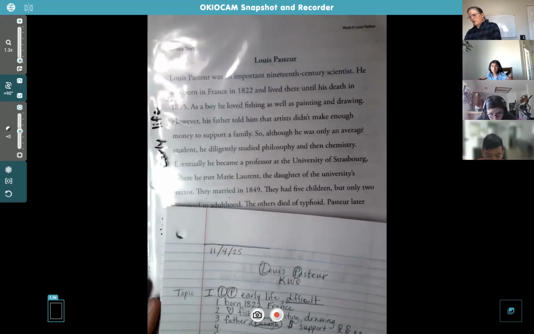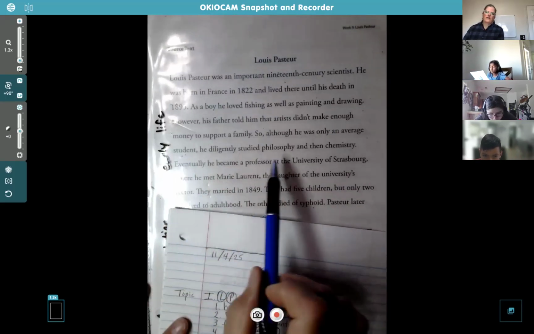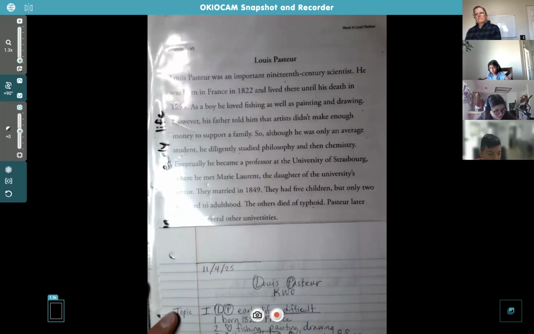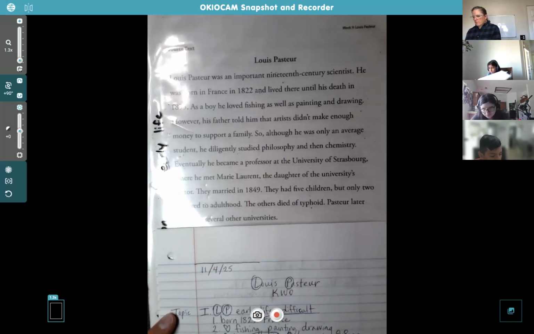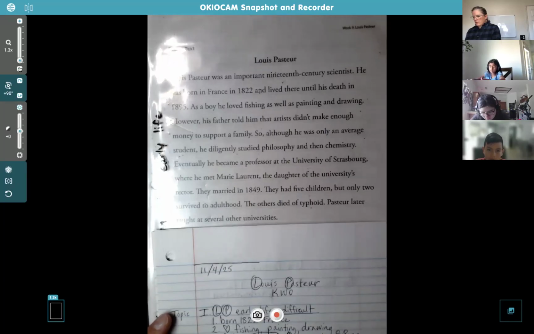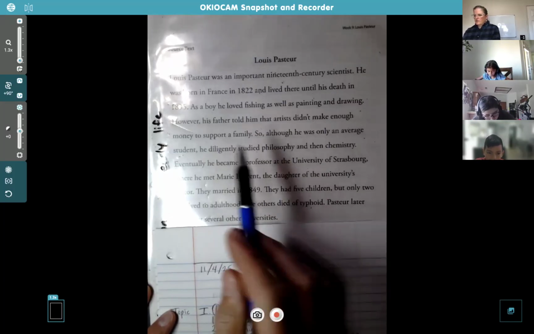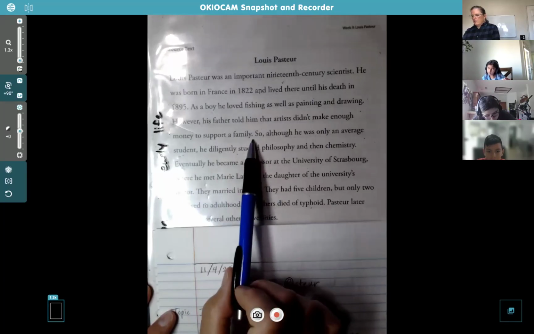Just look at that first paragraph, because we're focusing on his early life. Right here, after it says he didn't have enough money to support a family.